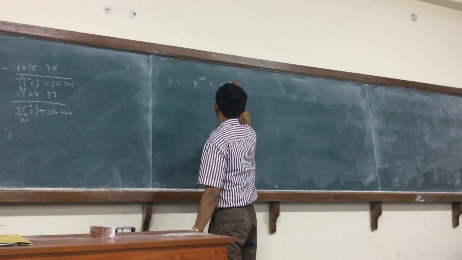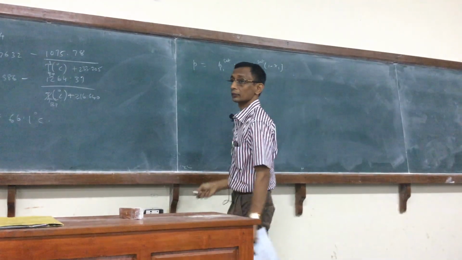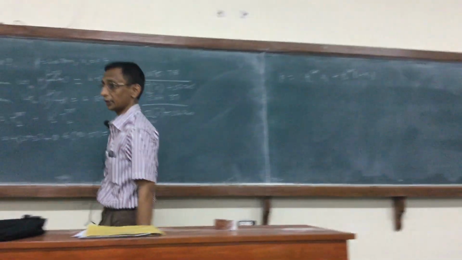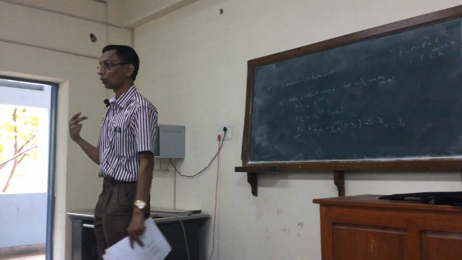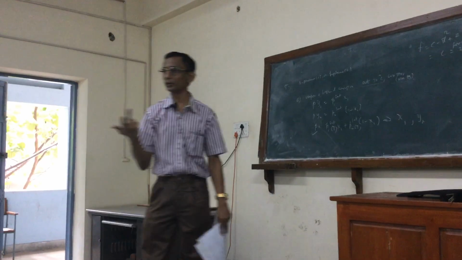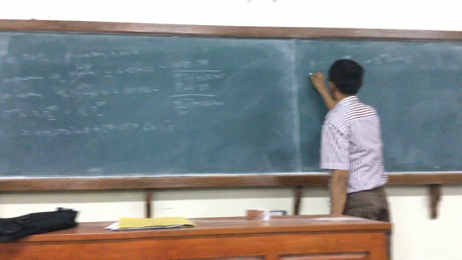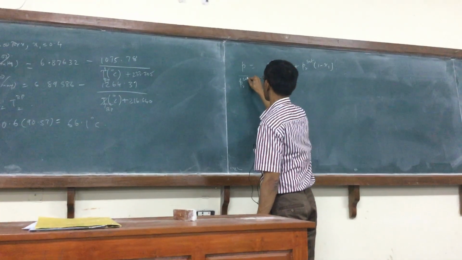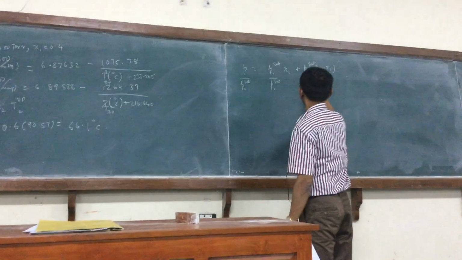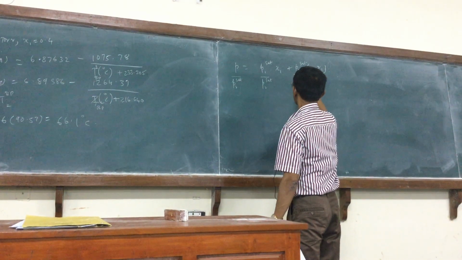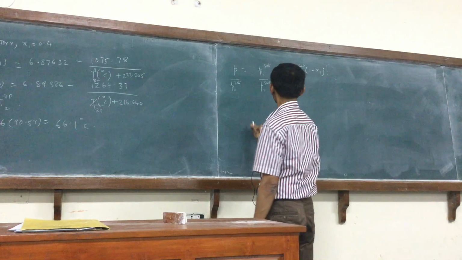The key idea is to divide by a certain saturation pressure. We chose P2 sat, so if I divide, I get the ratio. I have only one ratio to deal with here, and then I have to invert it.